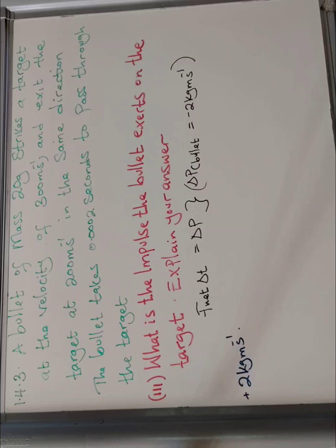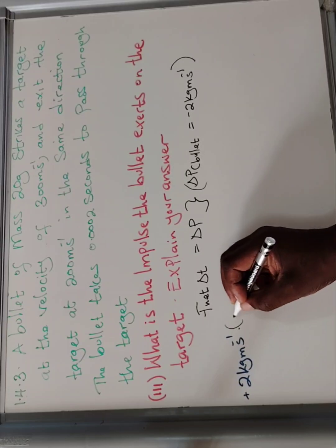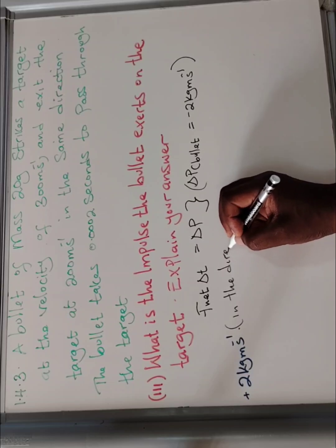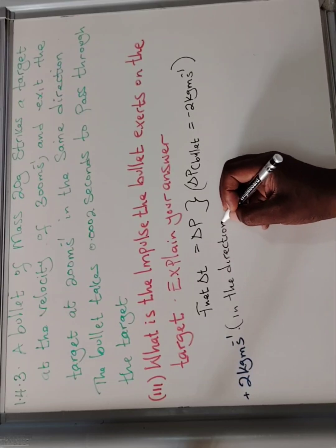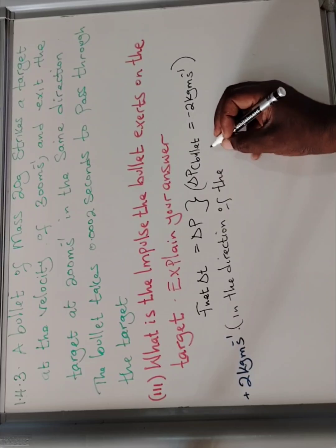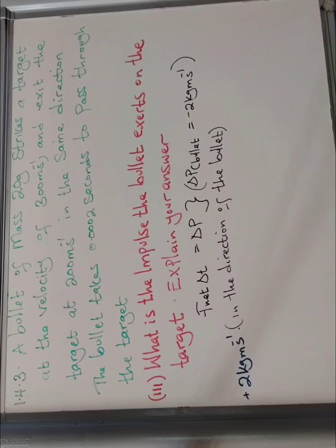So positive means what? Positive means in the direction of the bullet. So change in momentum of the target is plus 2 kilogram meters per second. It is in the direction of the bullet.